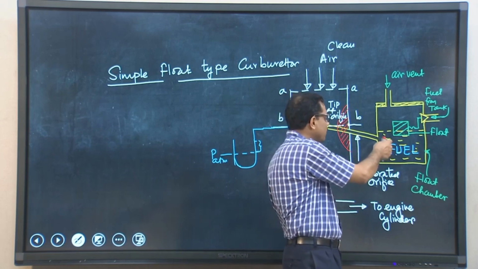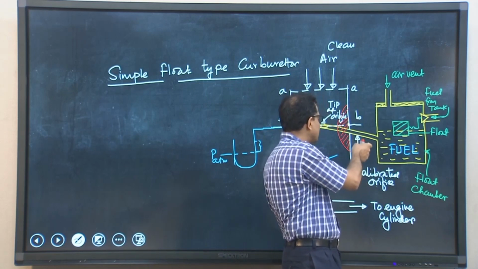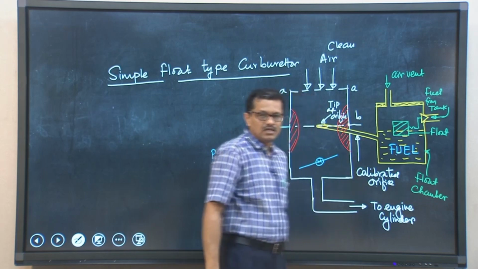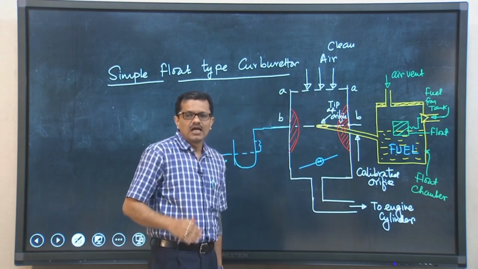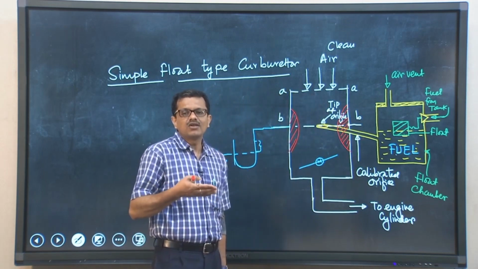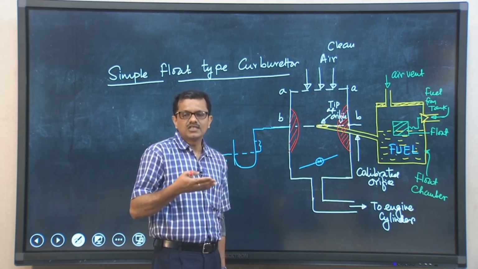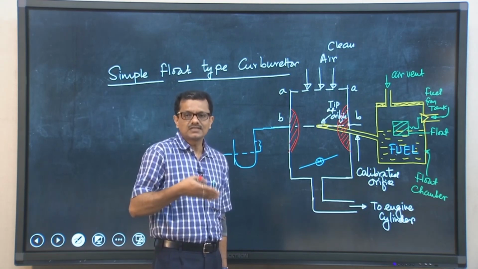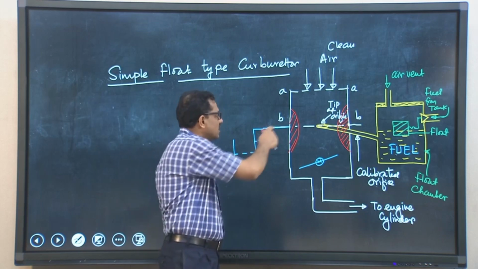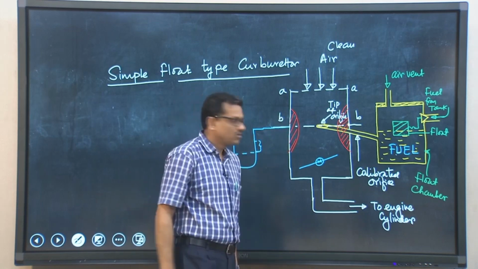Because when fuel flows from the float chamber through this calibrated orifice up to the tip of the orifice, accounting for the frictional loss due to viscosity of the fuel as well as surface tension, we need to design the venturi accordingly. Okay.